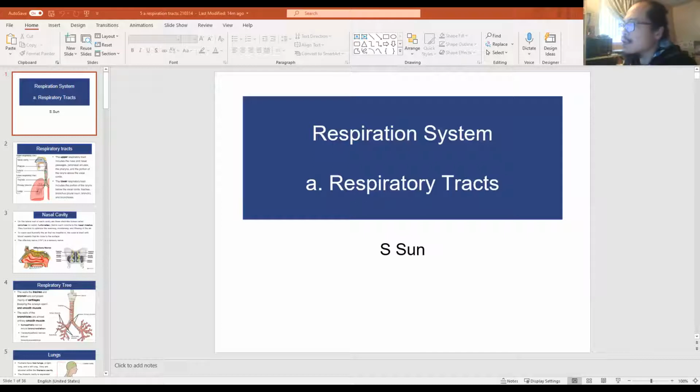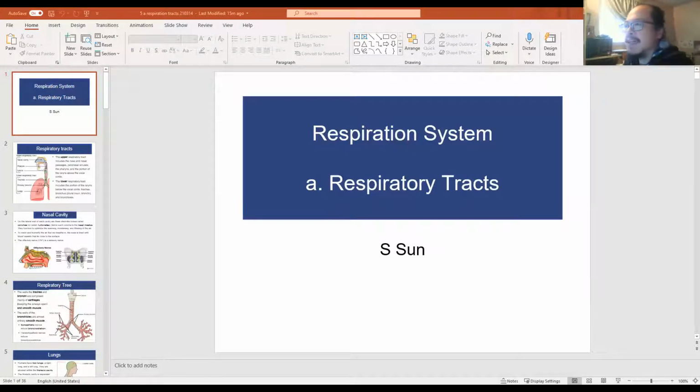If you already have some background in respiratory tract anatomy before, or you learned about this system in other animals, for example, you can use this one to refresh your memory, and it could get more about how this respiratory tract works in humans.